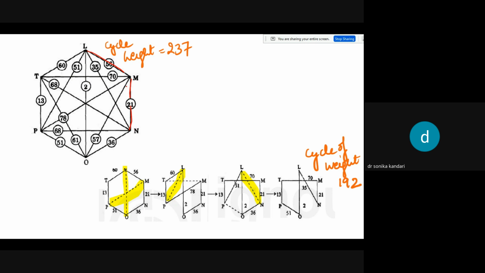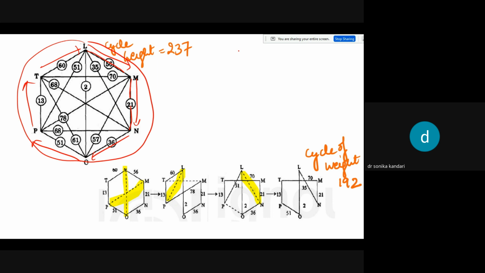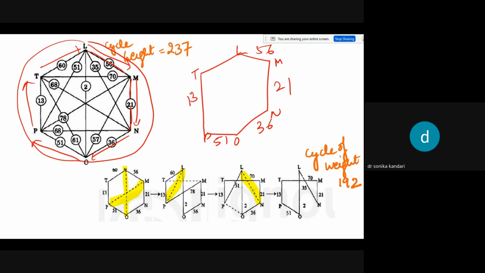So see, our initial routes were like this. We had started from here. So our original graph that we created was like this: L to M 56, M to N 21, N to O 36, O to P 51, P to T 13, and T to L 60.